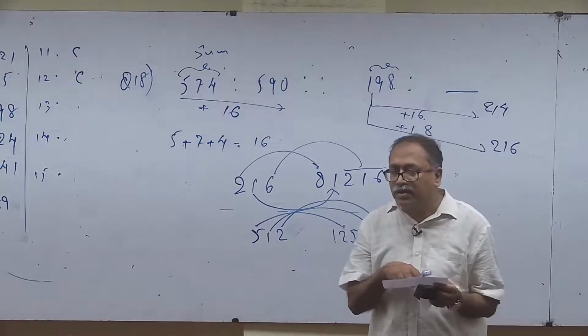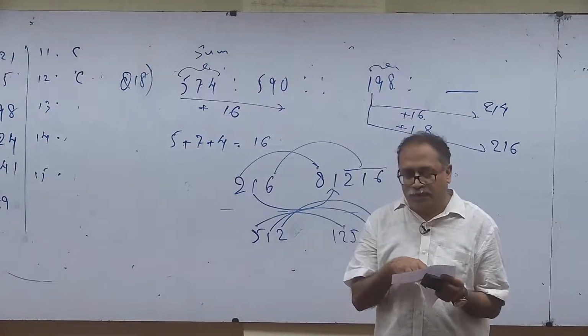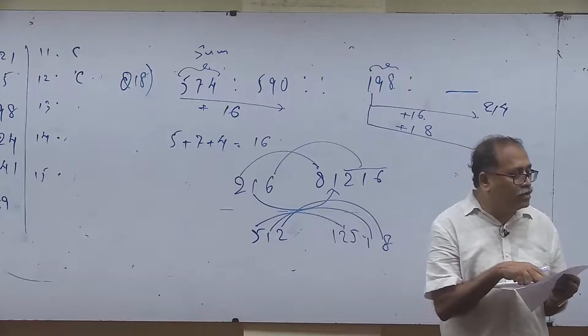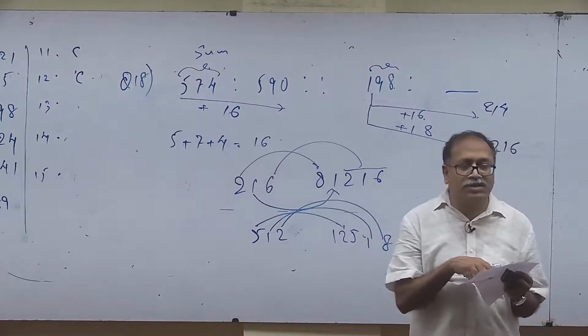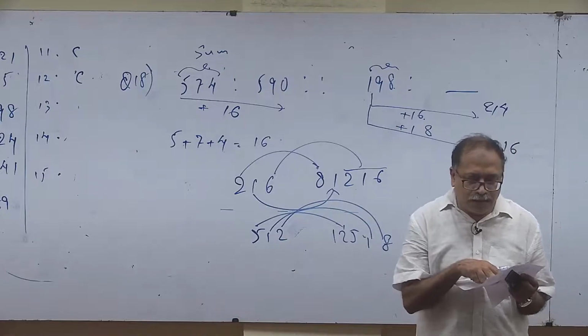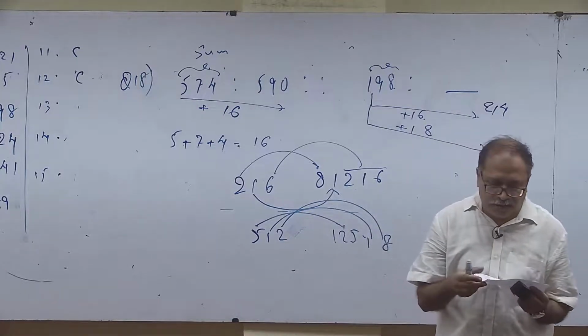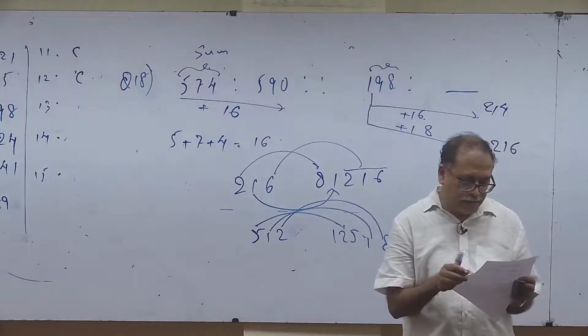The next number is 13 cube. Now can you identify 841? What is the sum of the digits of 841? 13. And 13 cube? 2197. That's right.